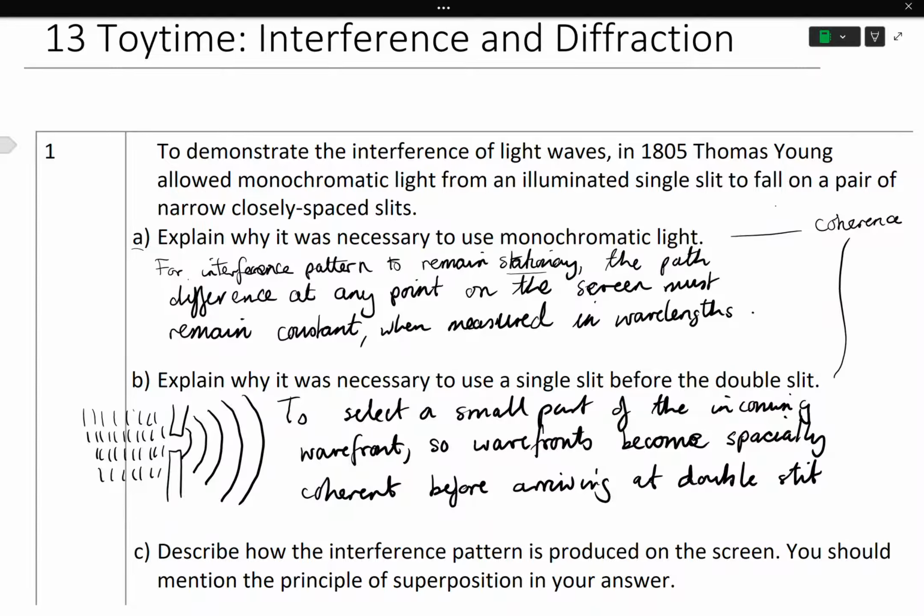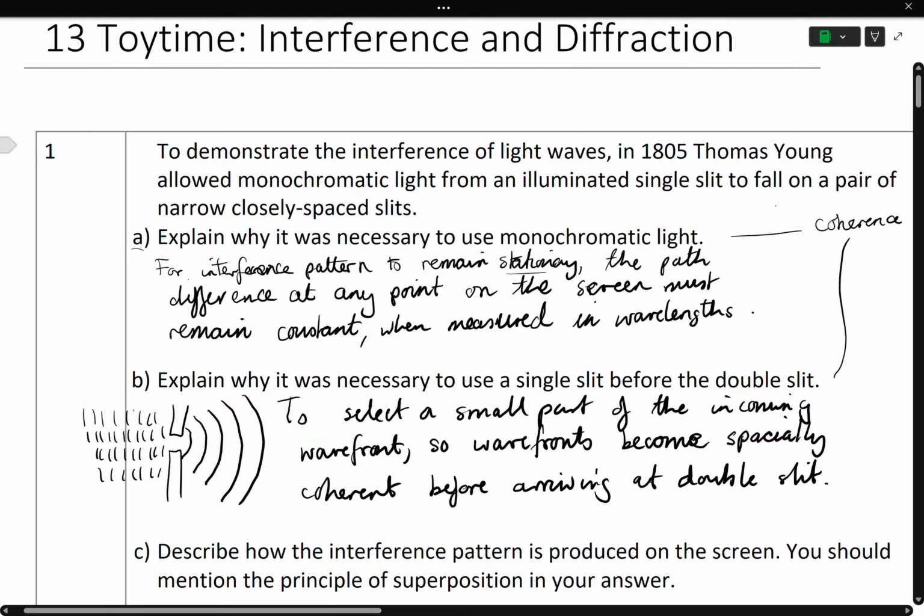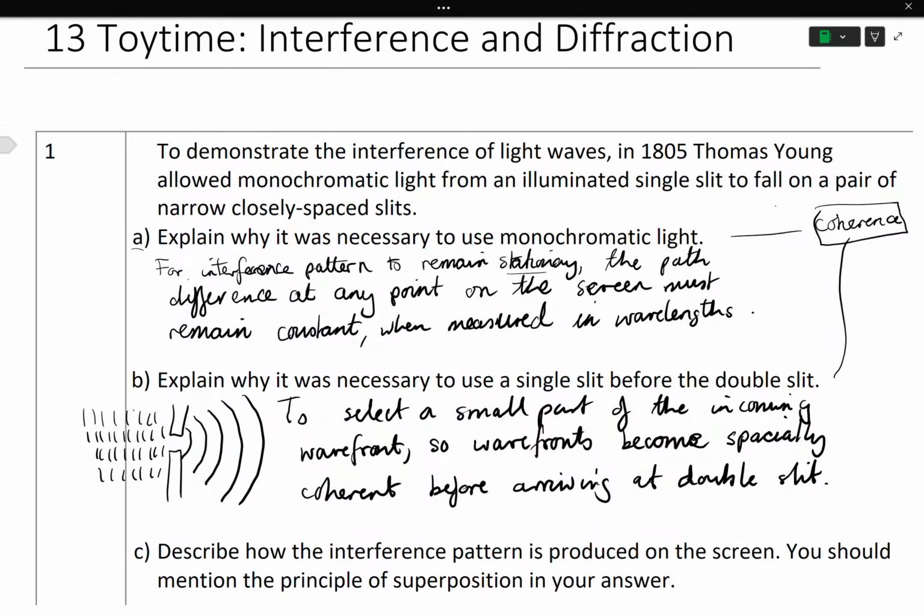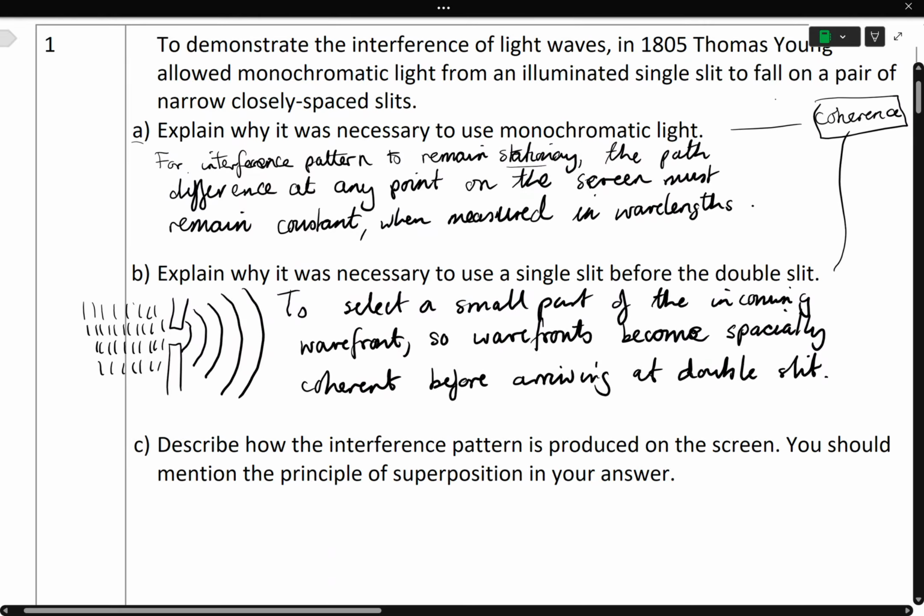Oh, this doesn't say slit. There we are. So to a certain extent, as I say, the answer to both is to achieve coherence, so to make sure we've got coherent light, but that's kind of separating it out into two parts.